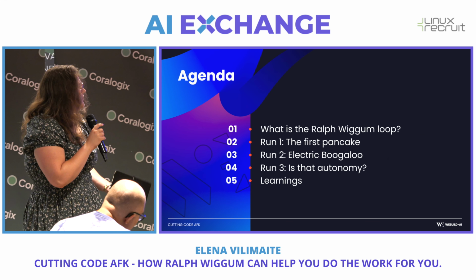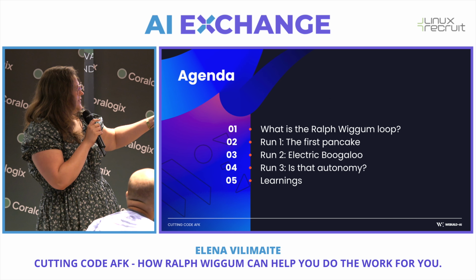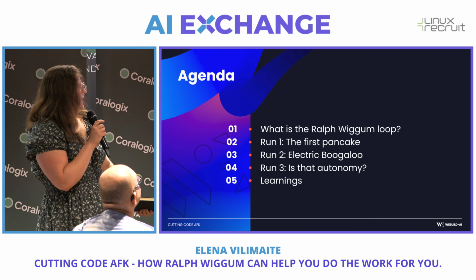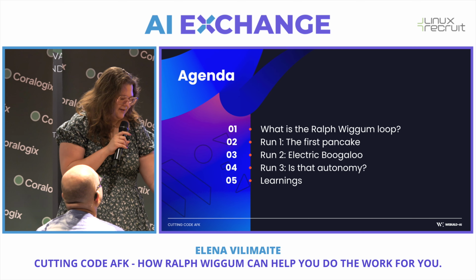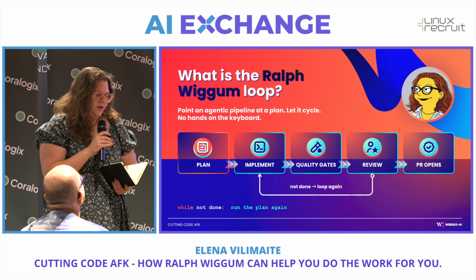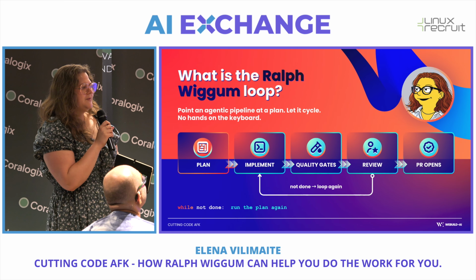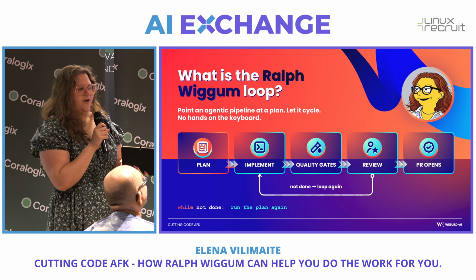So in this talk, we'll briefly touch on what is Ralph Wiggum, run through 3 of the runs that I did, and talk about some learnings. So for those that don't know, the Ralph Wiggum loop is named after the Simpsons character. It's a relatively very simple idea.